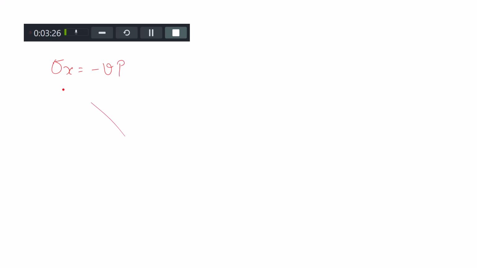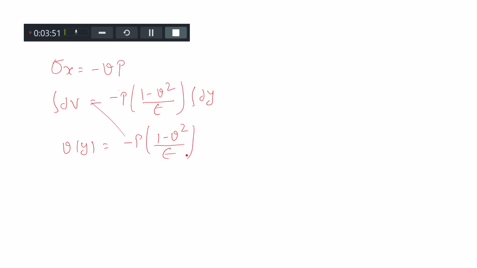Now if we integrate, that is the integration of dv is equal to, because the pressure is constant, we can put it outside the integration, minus p times (1 minus Poisson's ratio squared) divided by E, integration dy. So v at y is equal to minus p times (1 minus nu squared) divided by E times y plus a constant.